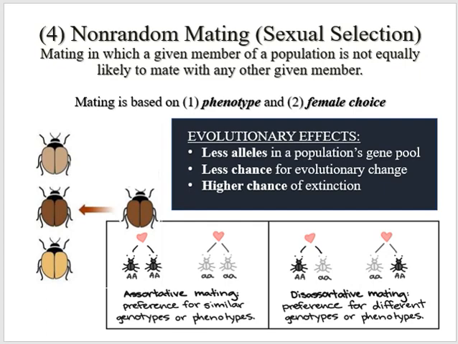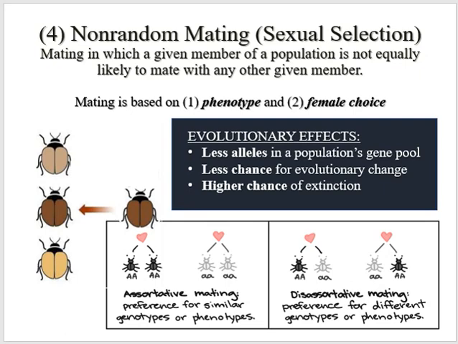So the mating probability for a given member of a population is not equal to the mating potential or mating probability of another given member.